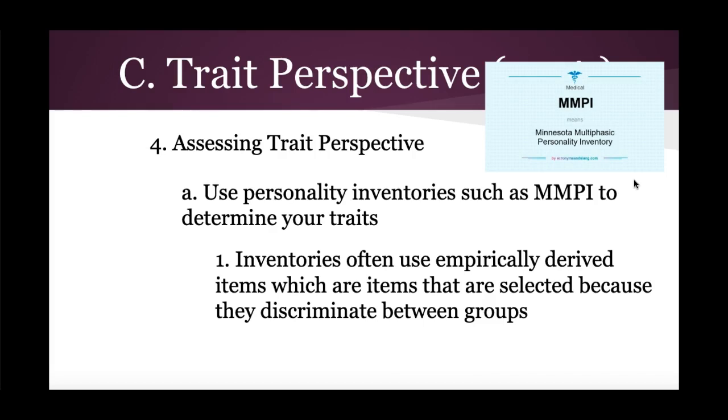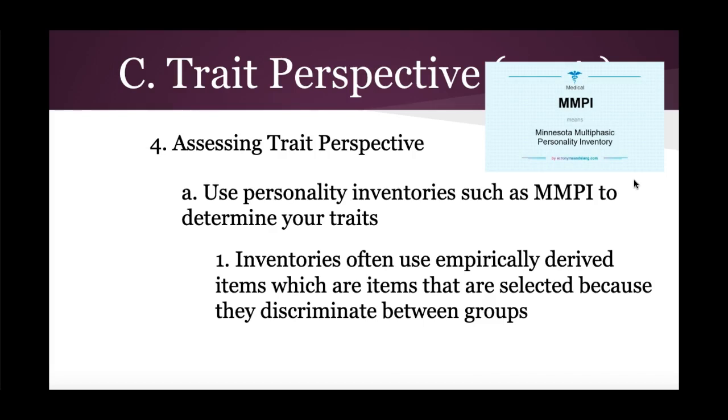So that's the idea behind an empirically derived test, is we're basically trying to use these questions as kind of this divining rod where it's going to help us figure out, are you this group or are you this group? So trait perspective does that, and it's kind of helpful to be able to determine your traits, because one trait would answer this way, another trait would answer that way. Similar to when you did that Big Five assessment, you did that Big Five inventory.